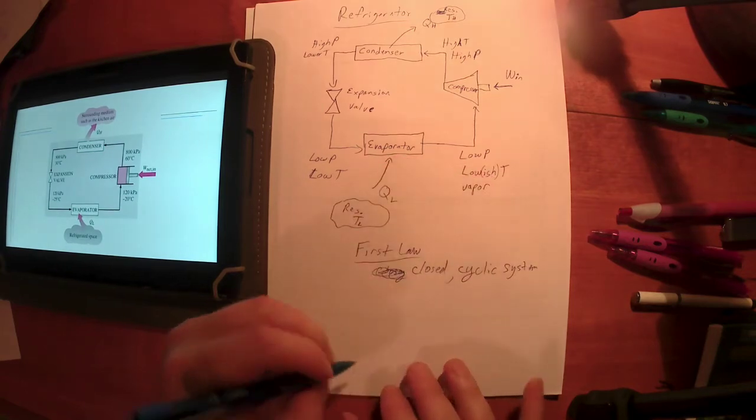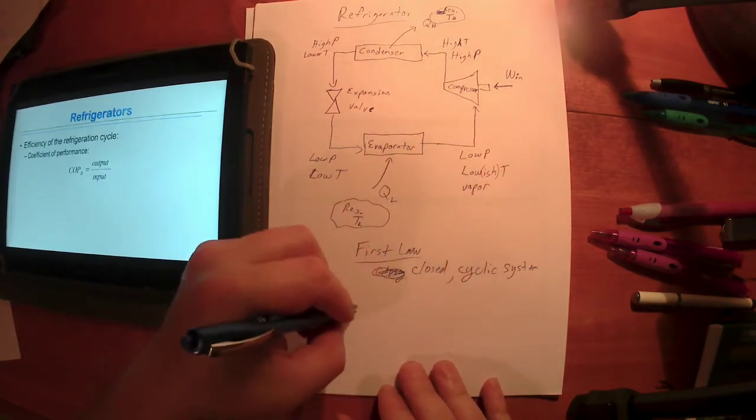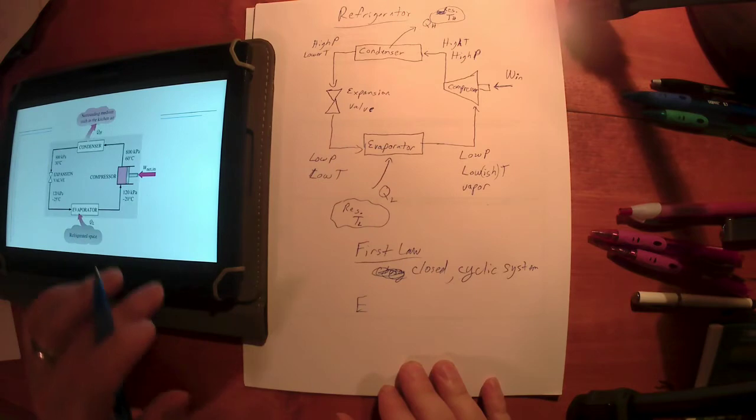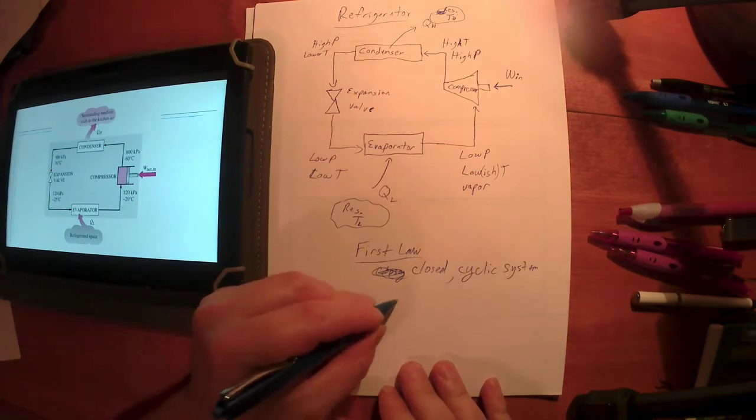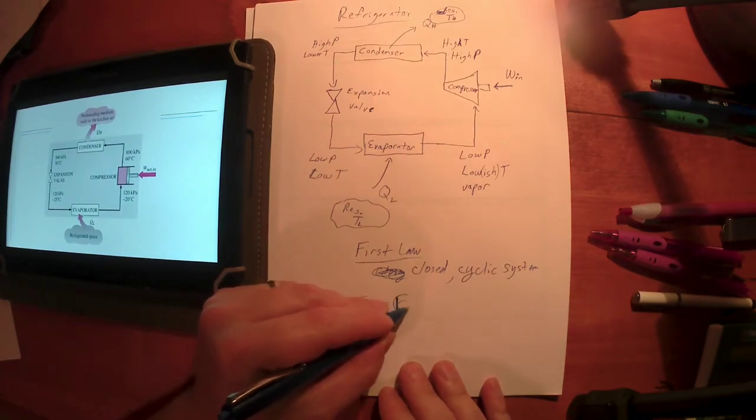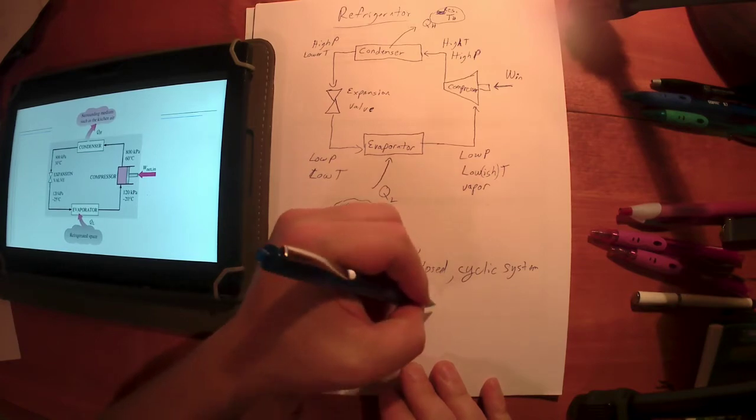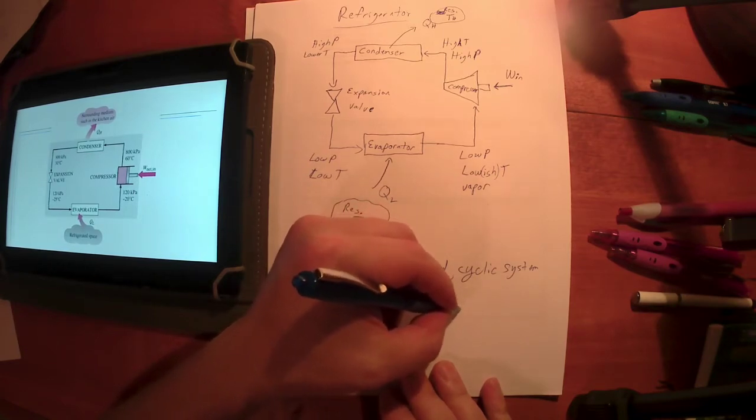It's operating in a cycle, right? So again, E_in minus E_out is equal to delta E_system.